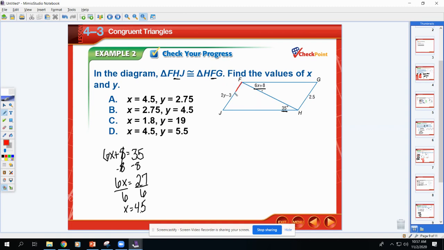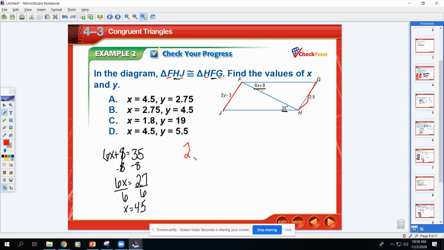Y looks like it is FJ, and that would be of the triangle FHJ. So FJ would be the first letter and the third letter. So we're going to be able to say here that FJ is congruent to the first letter and the third letter in our other triangle, HG. So HG appears to be over here. And HG appears to be 2.5.